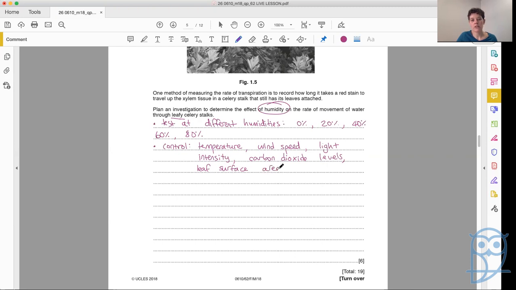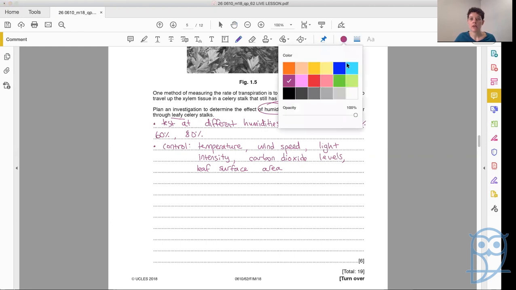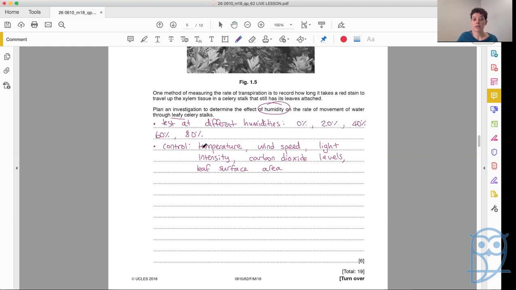So what are the ones that you would want to highlight in this response? You would want to highlight a few of these. Definitely temperature, because temperature we've seen is a massive effect. Wind speed is also a big one to highlight here, because wind speed, of course, blows that moist air away from the leaves. The other big one for humidity would be the leaf surface area, because they told us we're dealing with leafy celery stalks.